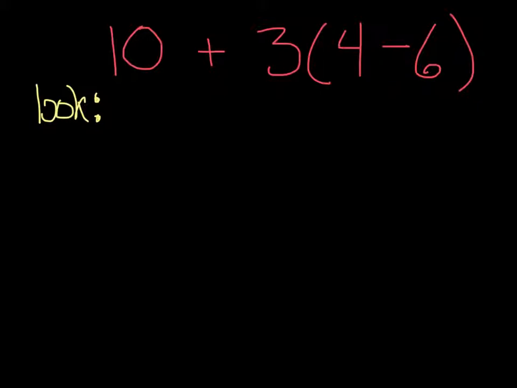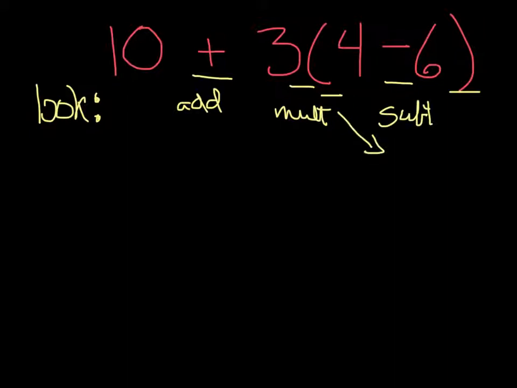What I do is underline the operations, and I underline any parentheses or exponents I might see as well. So I notice I see an add, a multiply, a subtract, but I also see some parentheses.